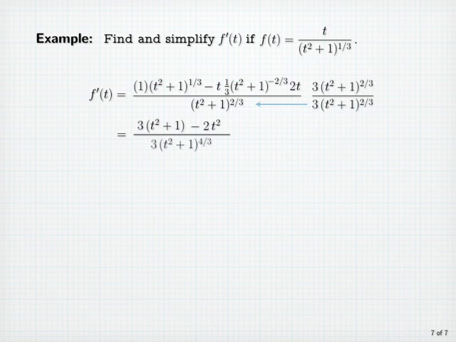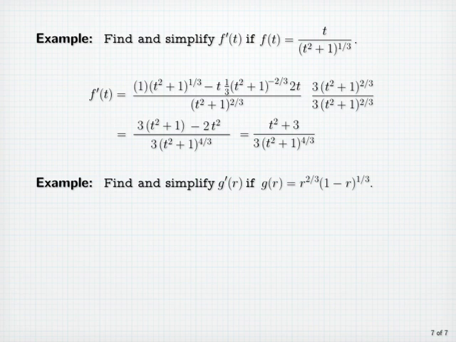Now, the product of our denominators is 3 times (t squared plus 1) to the 4/3 power. And simplifying the numerator, we now obtain (t squared plus 3) divided by 3 times (t squared plus 1) to the 4/3 power.